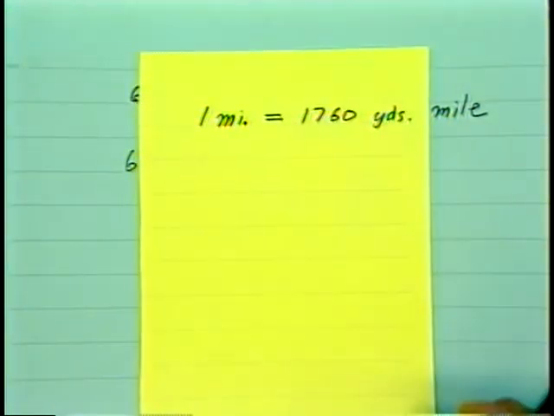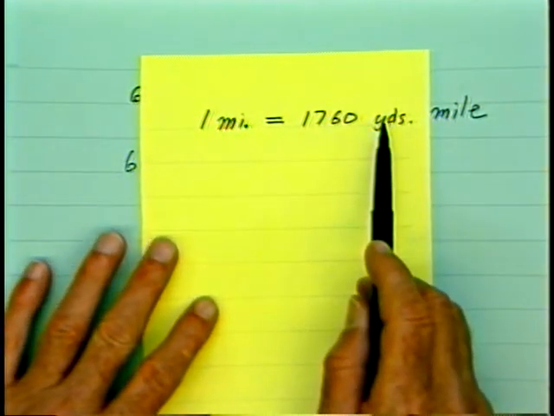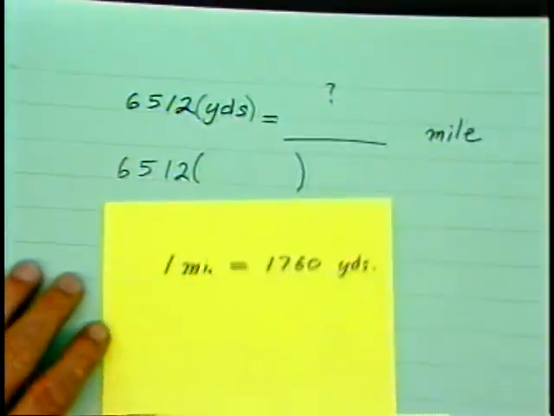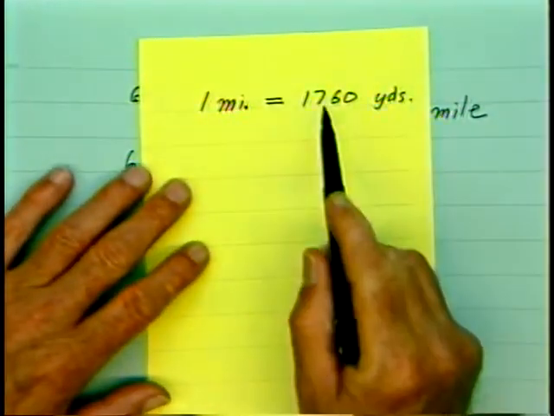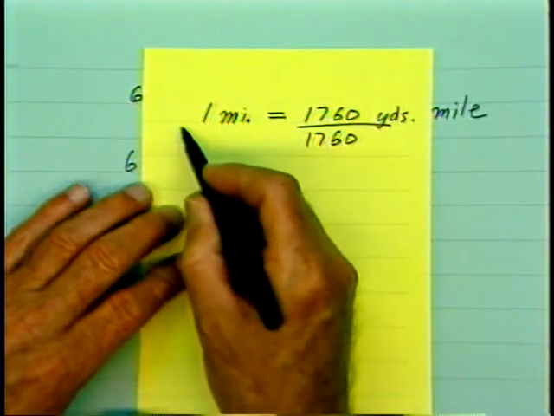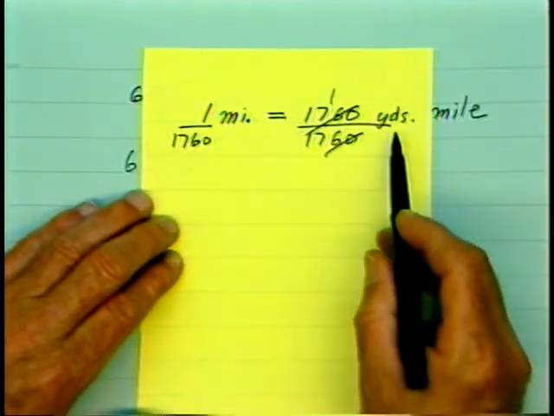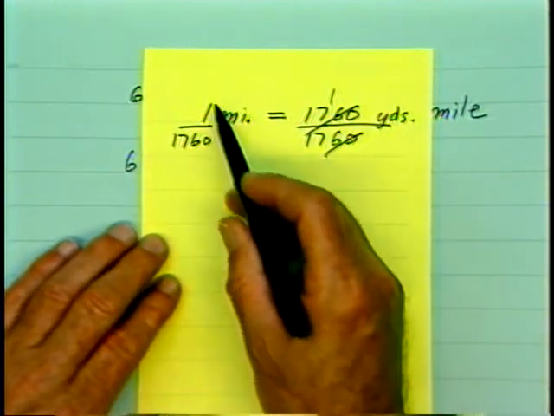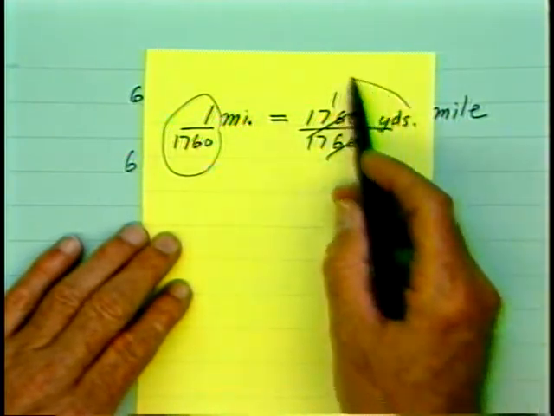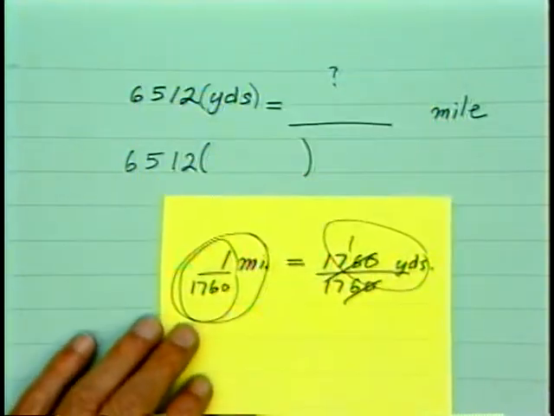So again, looking in one of those sources, this tells me that 1 mile is 1760 yards, but we want 1 yard to be miles. So we think that I want this to be 1. So if I divide both sides by 1760, I get that 1 yard is 1/1760th of a mile. So I can replace 1 yard by what it's equal to, and that's this.